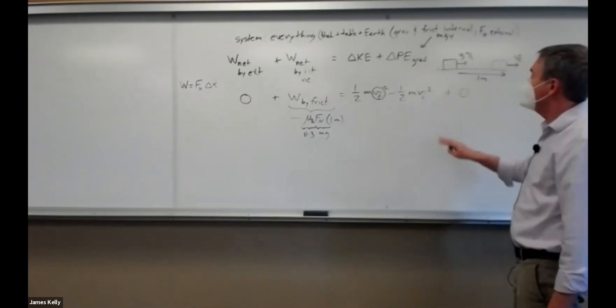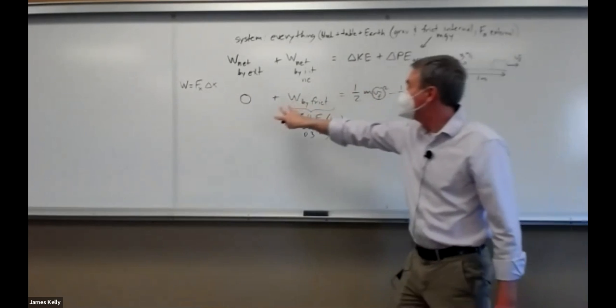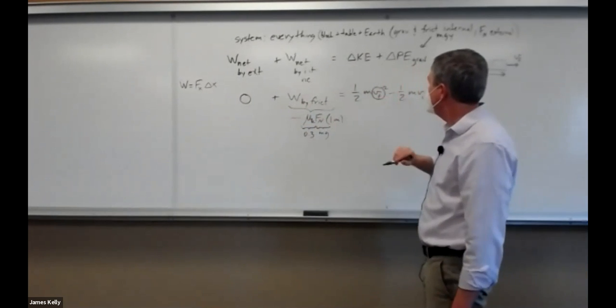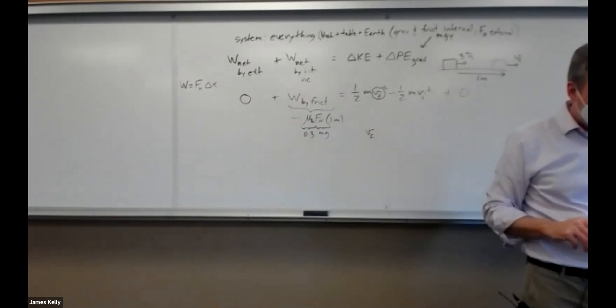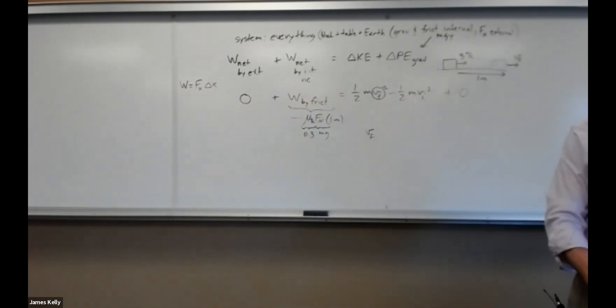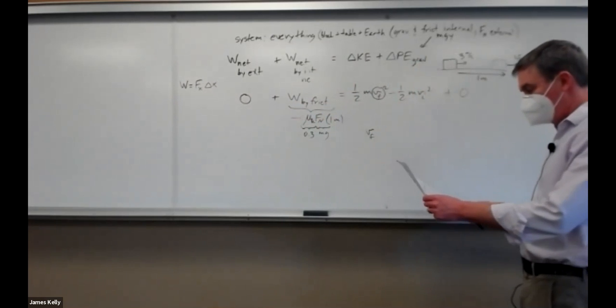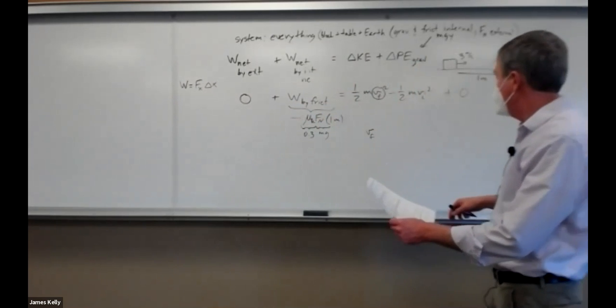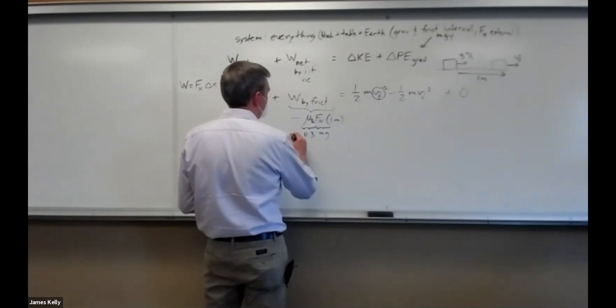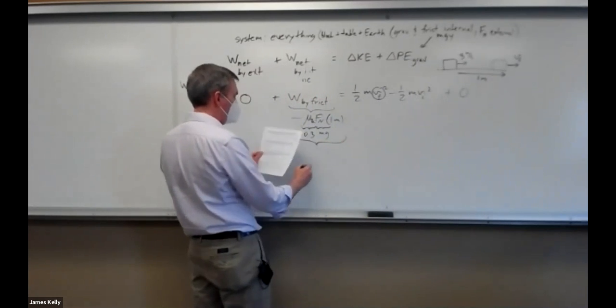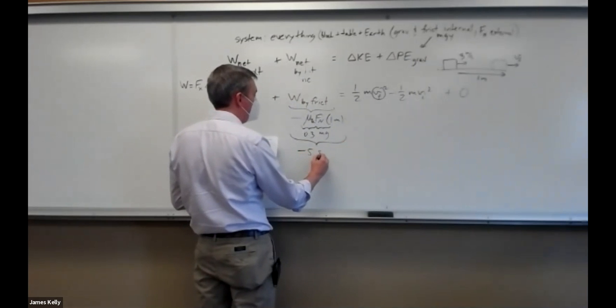So I've got to bring this over to this side and do that subtraction and then take a square root. But after you do all that, you can check your work. I get V final. Well, for some reason in my solution, I didn't show the final number, but this work done by friction is minus 5.88 joules.